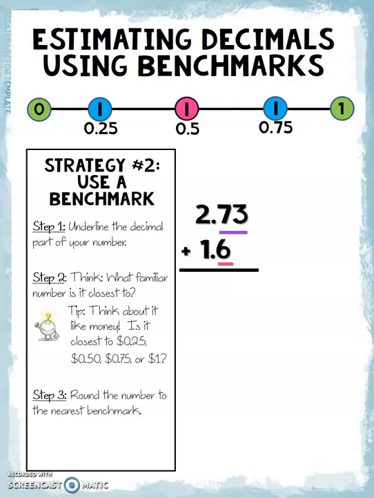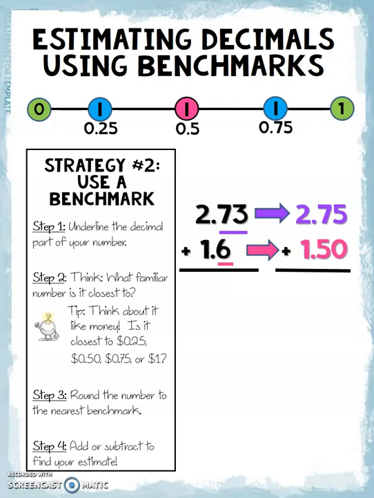Then round your number to that nearest benchmark. 2 and 73 hundredths is really close to 2 and 75 hundredths. And 1 and 6/10 is really close to 1 and 5/10, or 1 and 50 hundredths. I can add those two together now to come up with my estimate. That means my answer will be close to 4 and 25 hundredths.